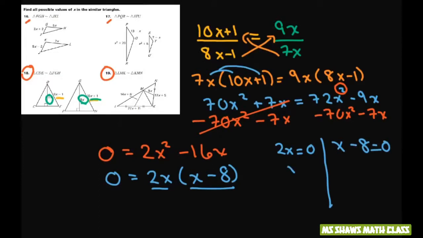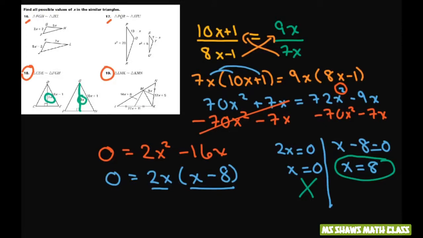So in this case, x is just 0. In this case, x equals 8. The 0 is not going to work because if you take a 0 and plug it into this x, you have a 0 length here, which doesn't make sense. So this is an extraneous solution, and the only solution that works is x equals 8.